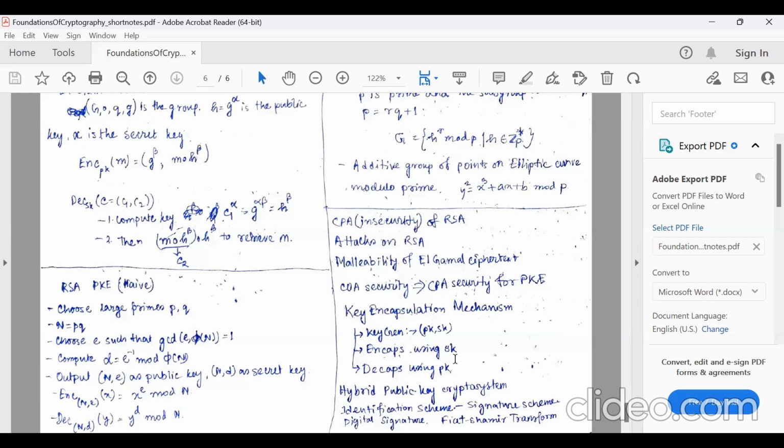That other party will decapsulate using the secret key and recover the underlying symmetric key, which will be used further in the next phase of the communication, which will be continued in the symmetric key setting.